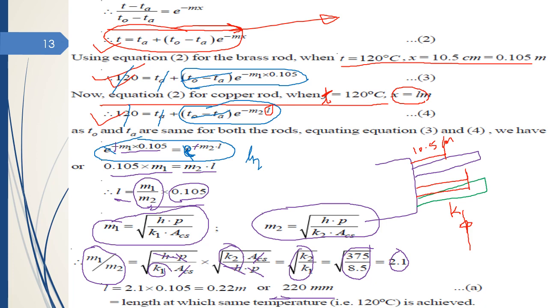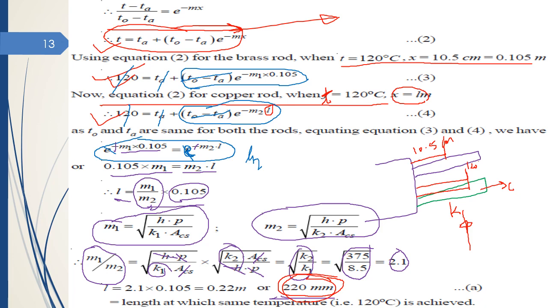Because of that, for this copper rod, at a large distance compared to the brass, we can achieve the same temperature. So here temperature 120 will be observed at 220 mm.